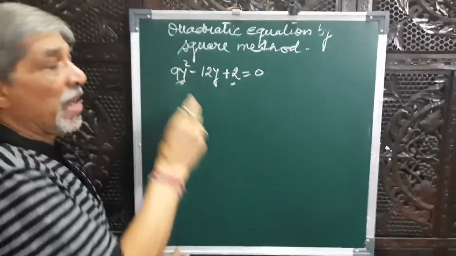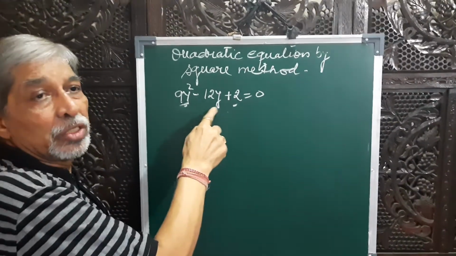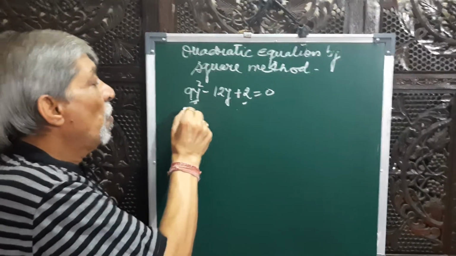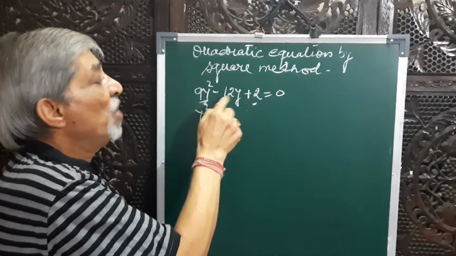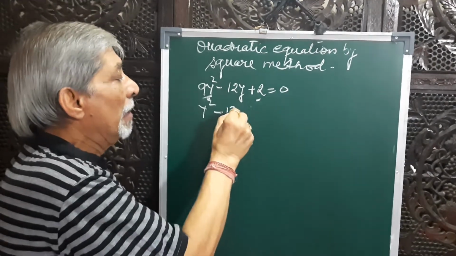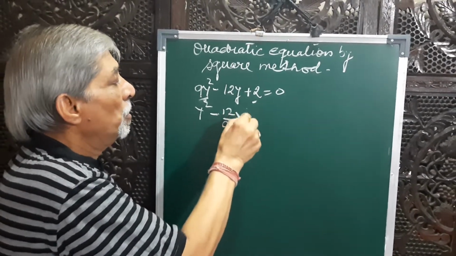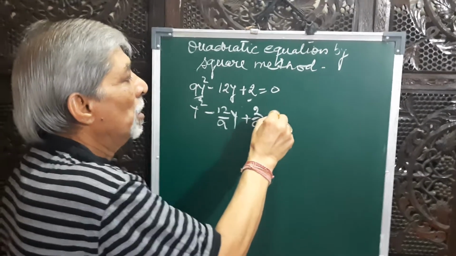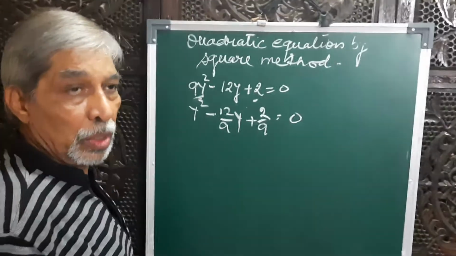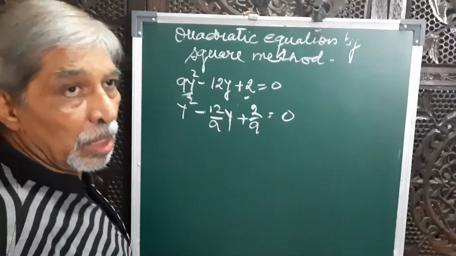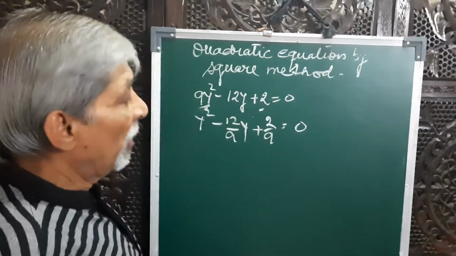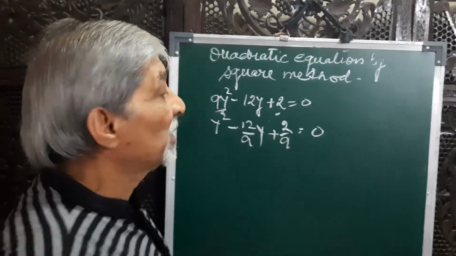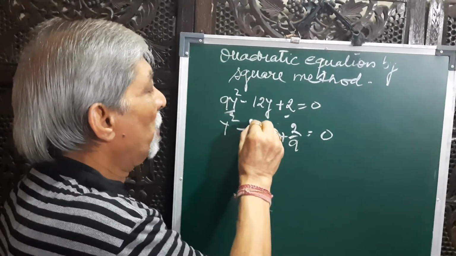So dividing this full equation by 9: 9y squared by 9 is y squared, 12y by 9 is 12 upon 9y, plus 2 upon 9 is equal to 0. Now this is the equation in which we have to add one term from our side to make it a perfect square.